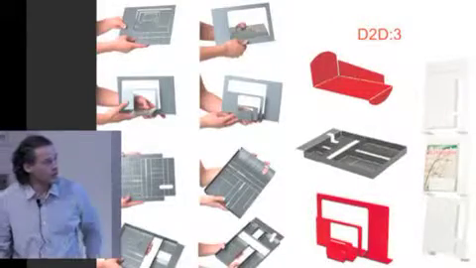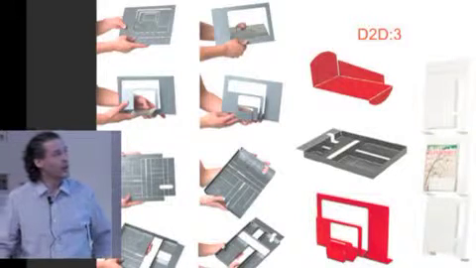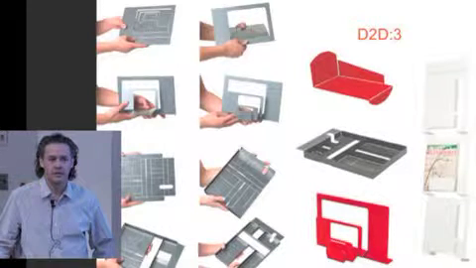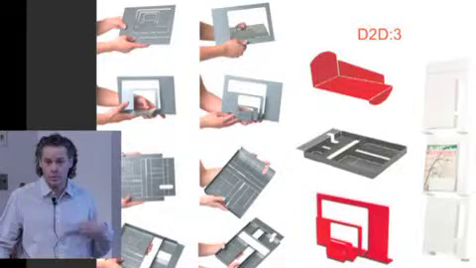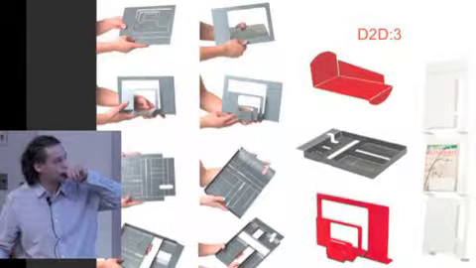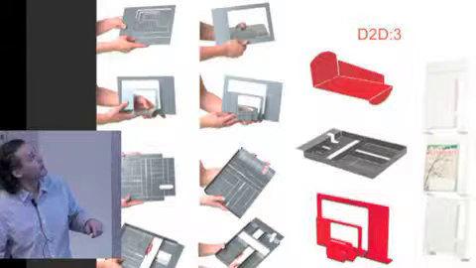Now, the IKEA model works very well, but nobody likes to put it together. I don't think it's particularly creative in the problem solving of this question of flat packing. So this is one of the early products we developed, and you can see at the top, it's a sheet of steel.